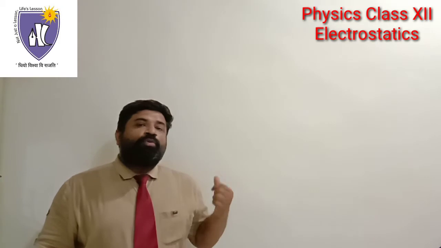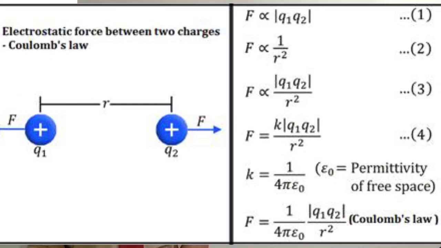Now if we have two charges, Q1 and Q2, of same or different magnitude, same or different nature, separated by a distance r, then the force of attraction or repulsion between these two charges is directly proportional to the product of the magnitude of the two charges.